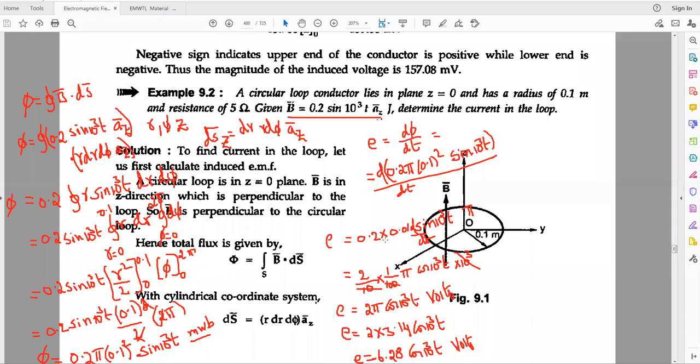Find out the current in the conductor, given by I is equal to, what is I now?